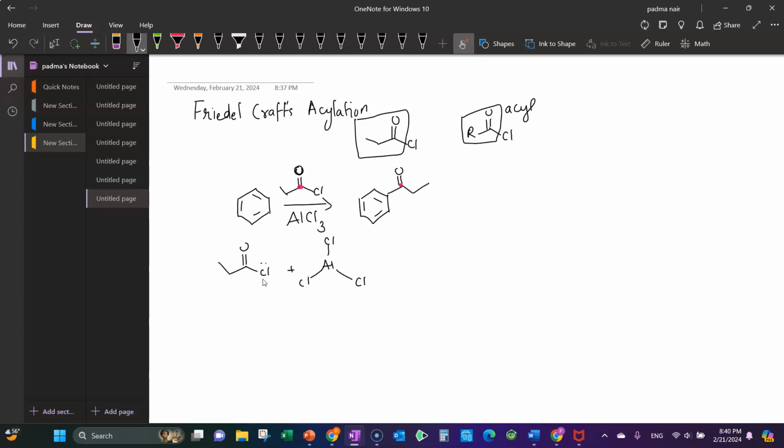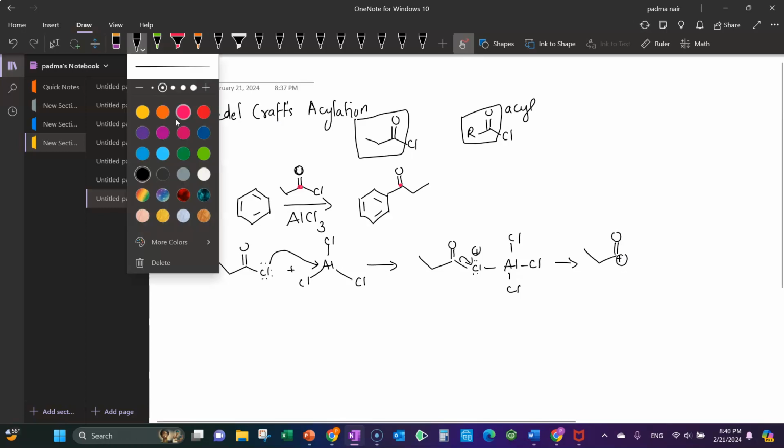Okay, so chloride is the Lewis base, this is the Lewis acid, and you get the complex where chloride is now attached to this aluminum. Okay, getting a positive charge, it really pulls this electron pair towards itself, so that we get our electrophile, which is my carbonyl carbon. Okay, so this carbon is my electrophile.